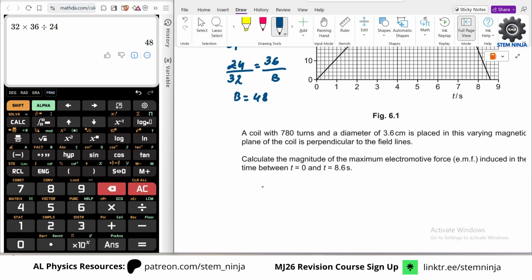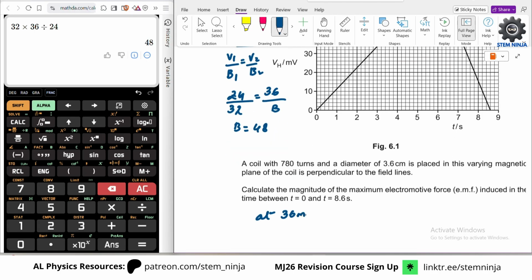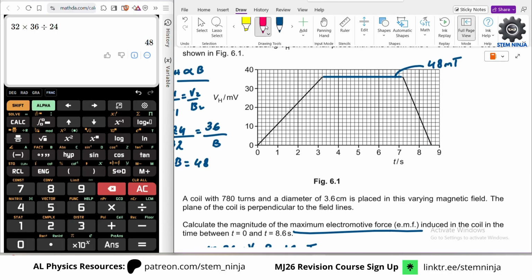So at 36 millivolts, B is equal to 48 millitesla. Okay, so the maximum magnitude of electromotive force will come from the greatest change in B over t. Greatest, because you see EMF is directly proportional to N times change in BA over t.